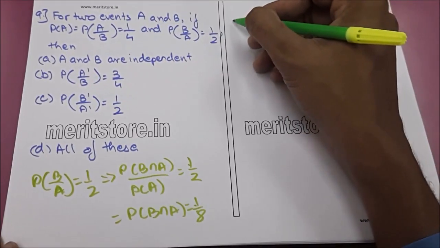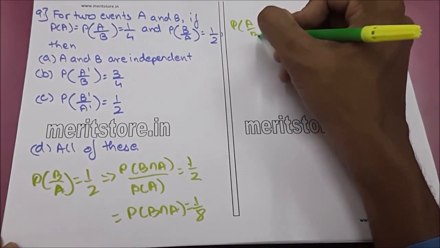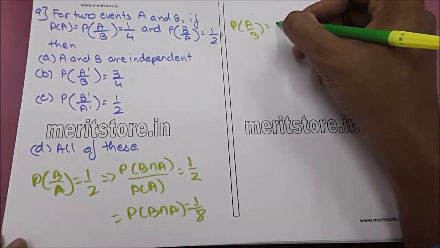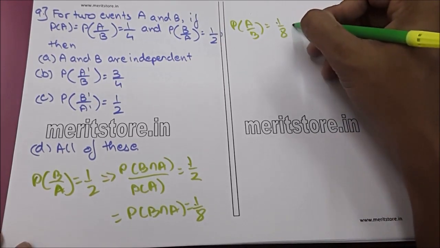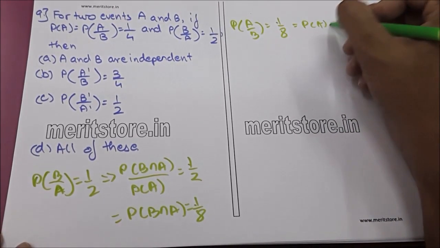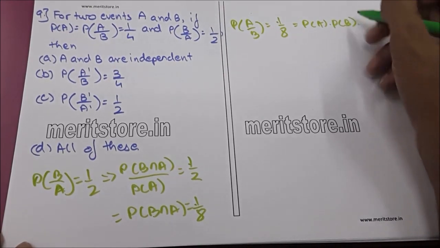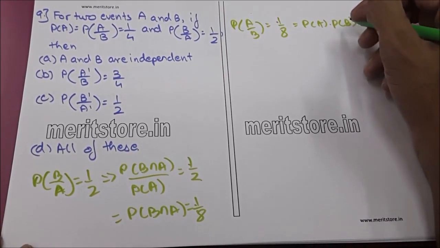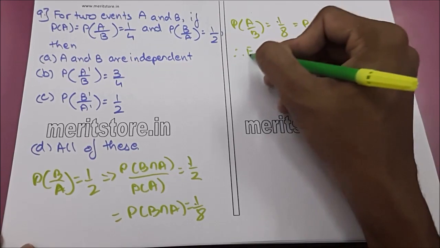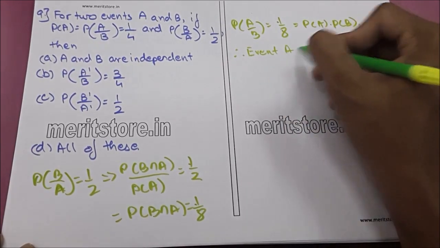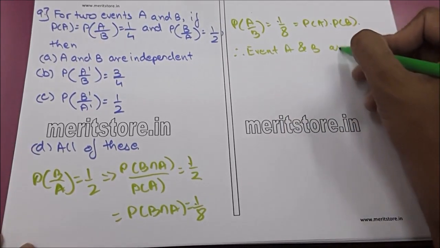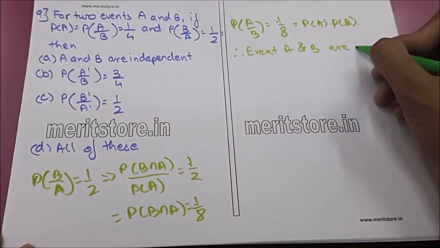We also know that P(A given B) is 1 by 8, which is equal to P(A) into P(B). So even A and B are independent. We can say that events A and B are independent. So option A is the answer.